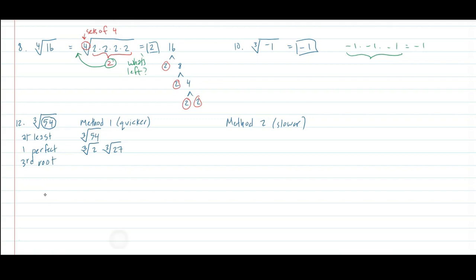And then you can say, well, this part right here has a perfect third root, and the perfect third root of 27 is actually 3, because 3 times 3 times 3 is 27. And so you can therefore say that the final answer is going to be 3 multiplied by the third root of 2.